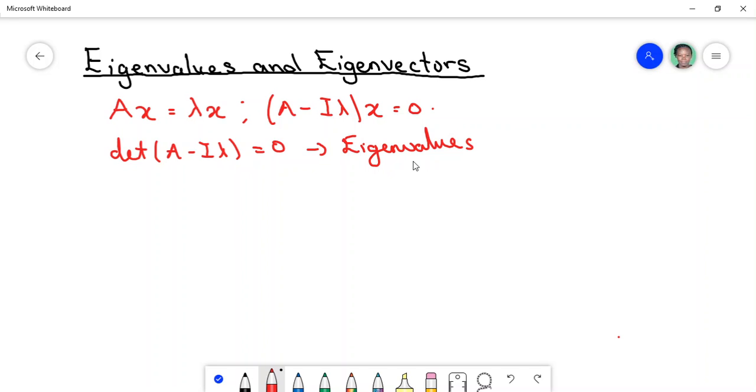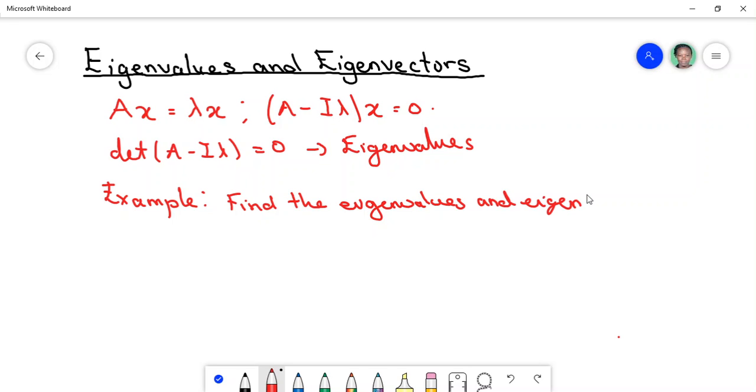In our lesson today, we still want to take some examples and find the eigenvalues and eigenvectors. So let's take an example again today. If I have a matrix A, we want to find the eigenvalues and eigenvectors of the matrix.